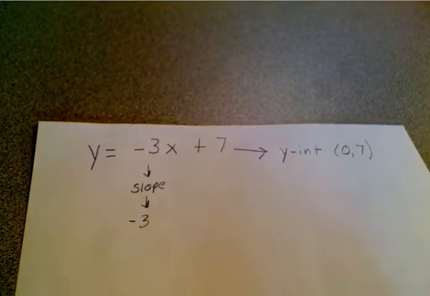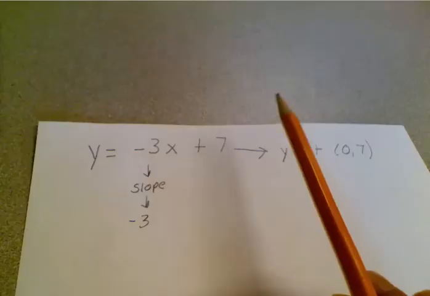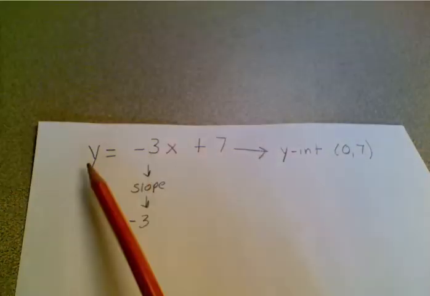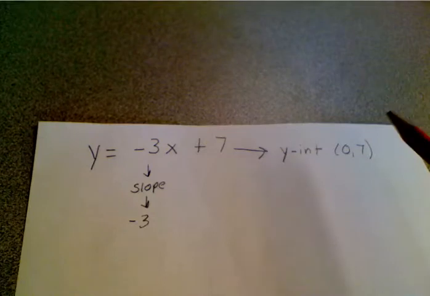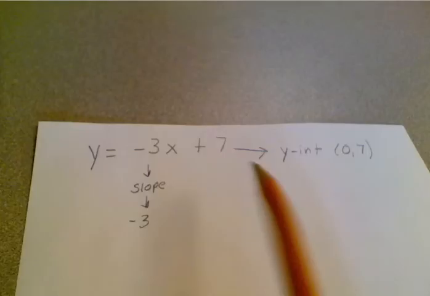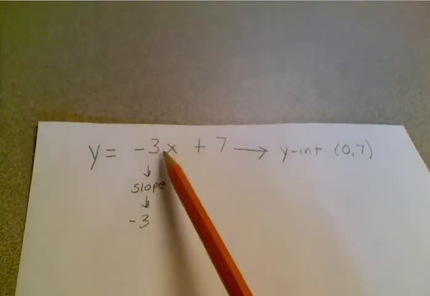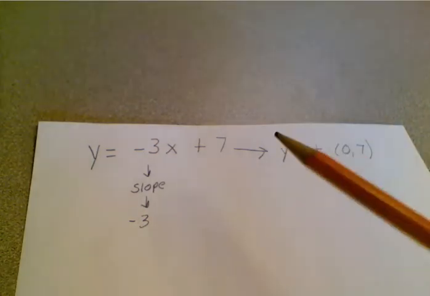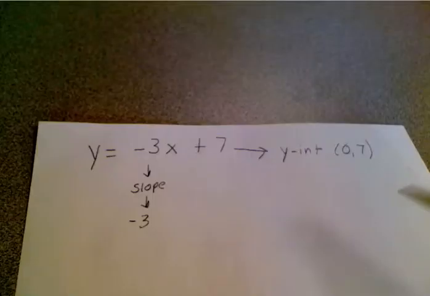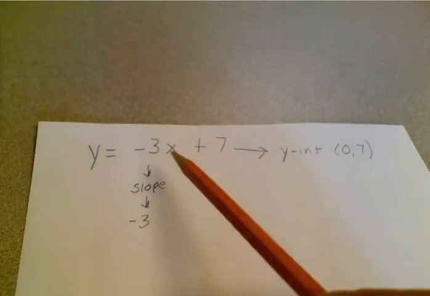If we take a look at another example, let's take the equation y equals negative 3x plus 7. Again, I know y and x are my variables. They're unknown. What I do know is the number in front of x is my slope, which would be m in the equation y equals mx plus b.